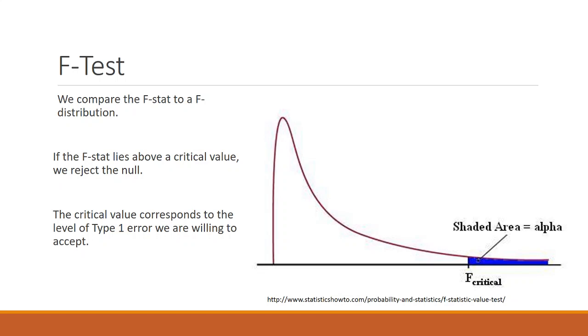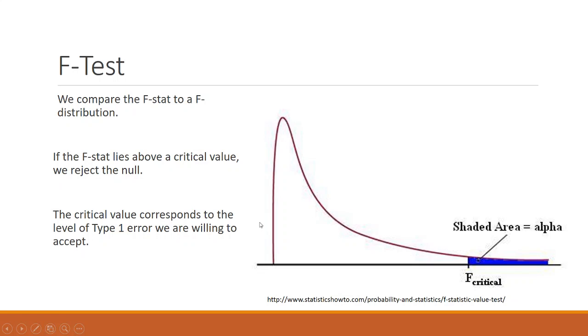But real quick first, before we look at the F-table, how does this work? Remember, when we do a t-test, we figure out how big our t-value is, and we see whether or not our t-statistic is extreme enough in our t-table to reject the null hypothesis. Well, we do a similar thing with an F-test, but in this case, we're using an F distribution instead of a t distribution.